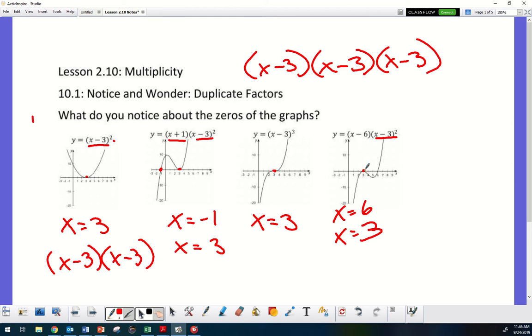It doesn't go all the way through. So I touch here, and I touch here. Since this is a 3rd degree, this piece is x squared, and times this it's going to be x to the 3rd power.